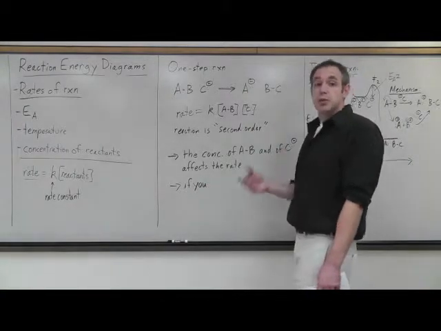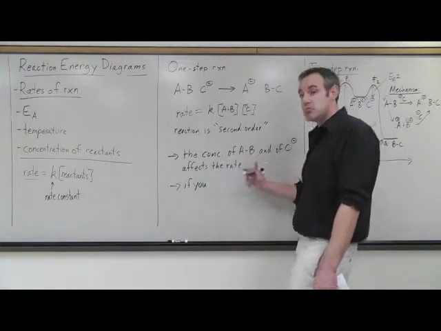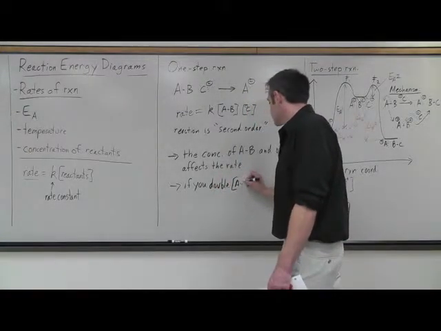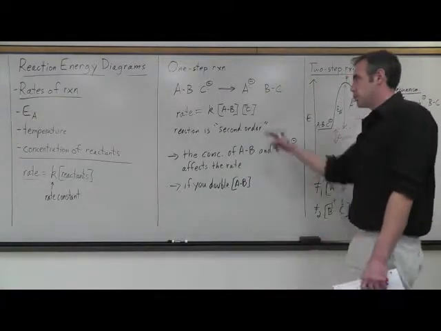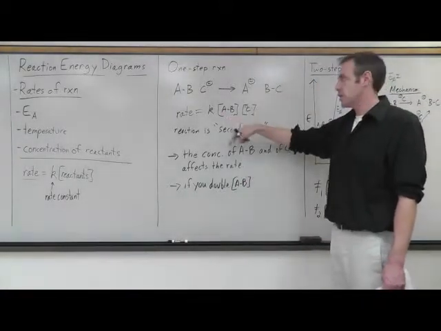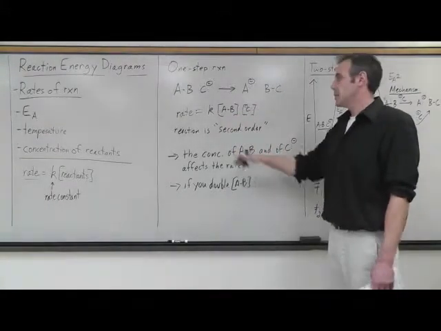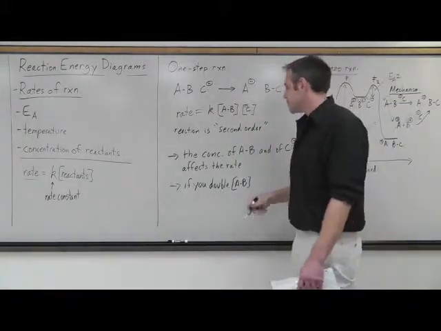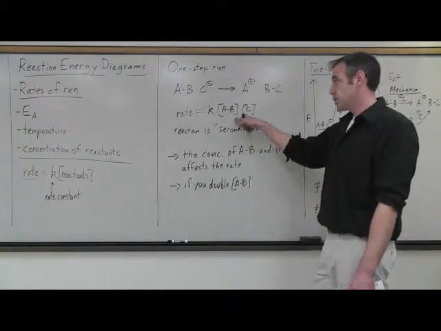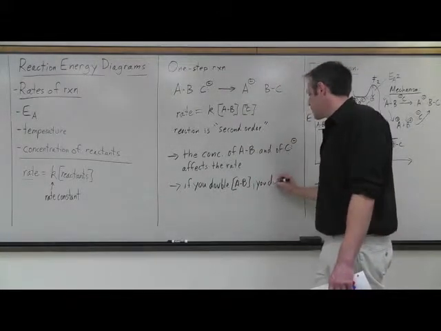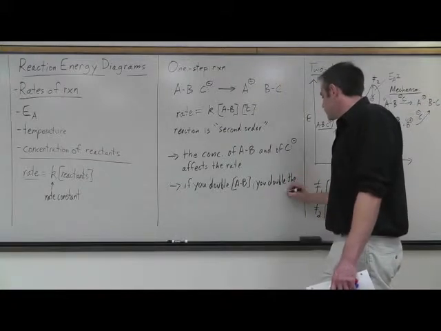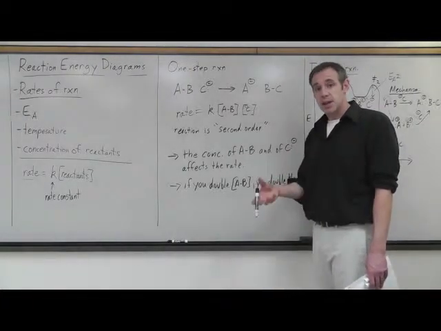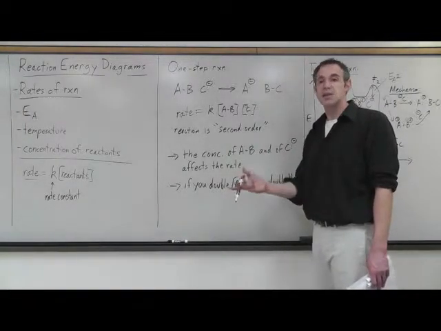If you were to increase the concentration of, say, AB, let's say double it, and we apply that to this concentration here, essentially if we double this, we'll be doubling the rate because we're just multiplying by 2 in this set of numbers. So if you double the concentration of AB for this particular reaction, you double the rate. This literally means if you double the concentration of your reactants, then it will go twice as fast.